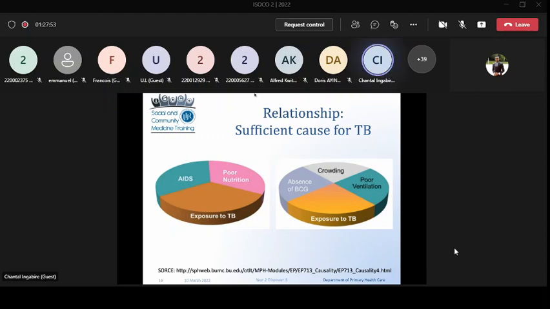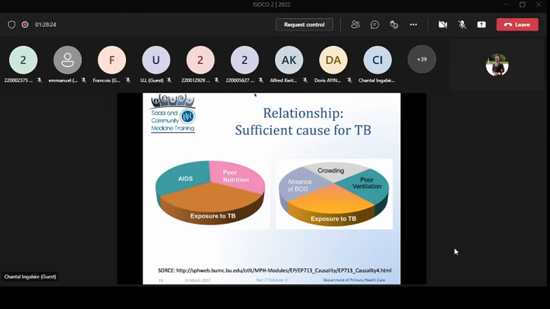So those are the kinds of sufficient causes for TB to happen. However, someone might be exposed to TB without having HIV and AIDS, without having poor nutrition, and not get TB. Is that true or false, dear class? True.